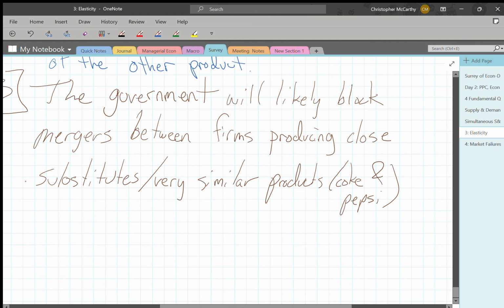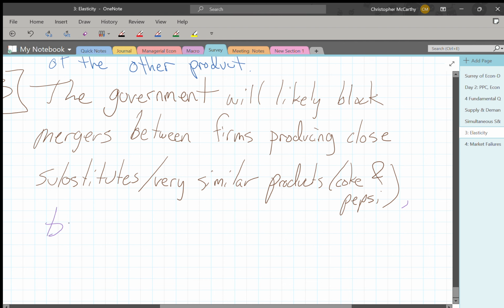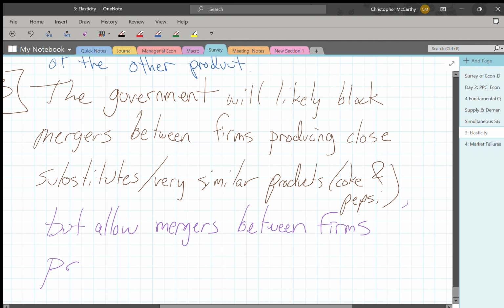So they'll likely block mergers between firms with very similar goods, and they'll likely allow mergers between firms producing goods with low or zero cross elasticity.